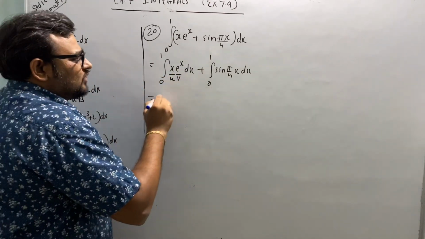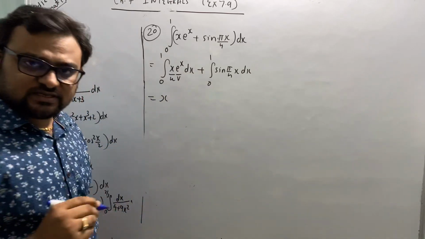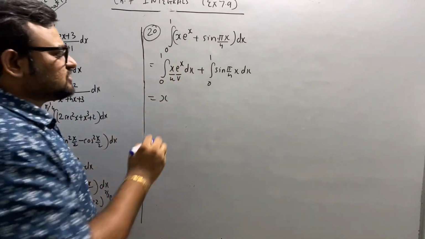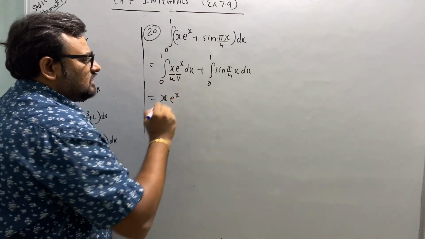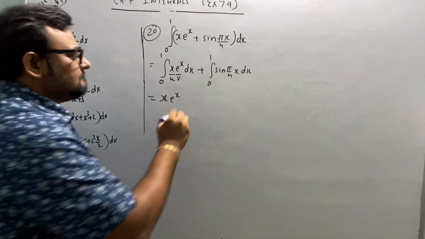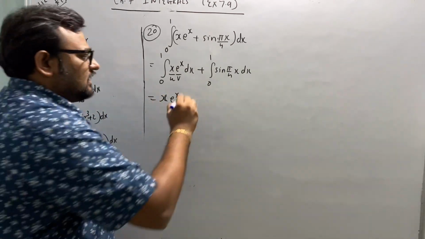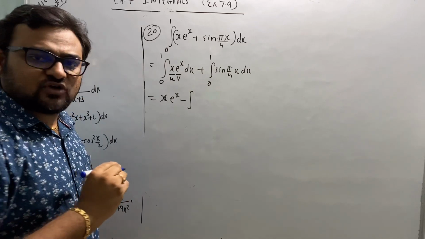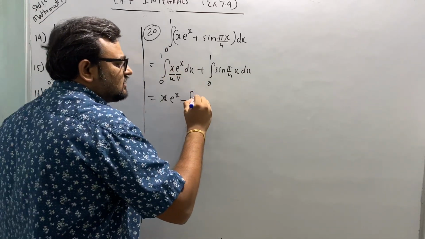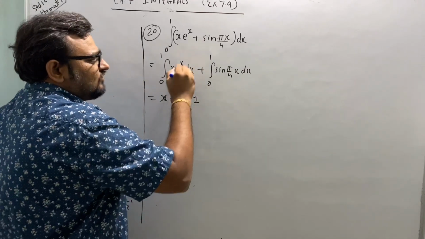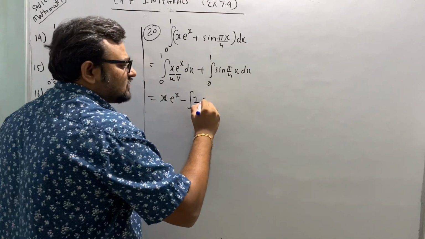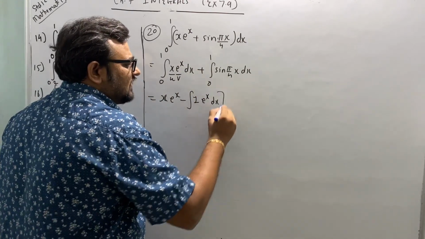So what was it? U as it is, x as it is. Integration of V: what is the integration of e raised to x? e raised to x, minus integration of d by dx of U, that means d by dx of x is 1, times integration of V, integration of e raised to x is e raised to x dx.